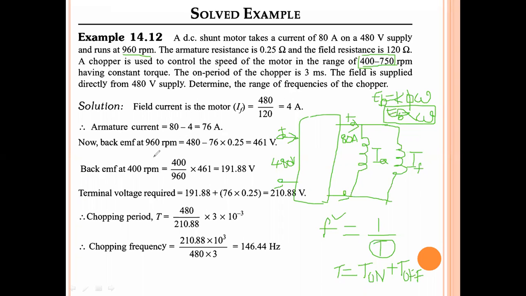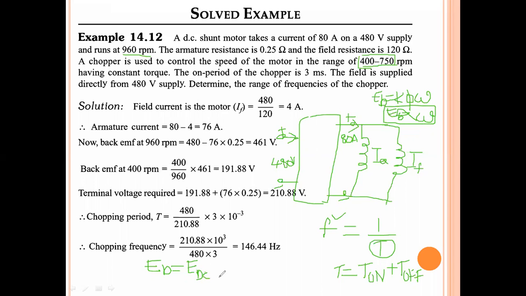In order to calculate the back EMF for 960 RPM, the back EMF formula of a DC shunt motor is E_b equals E_DC minus I_a R_a, where E_DC is the input voltage.